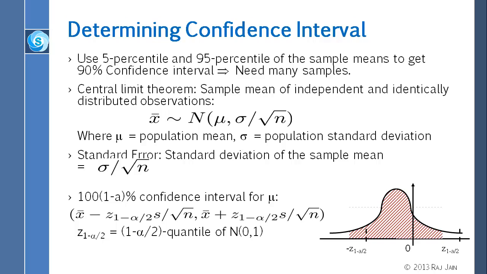And that is the advantage of taking many more samples, because as you take more and more samples, the variability of the sample mean itself goes down, and then you can be more and more sure about the population mean. And so basically, mu we don't know, but we know that there is a 90% chance that x bar is between mu minus this and mu plus that, and therefore we think that mu is in this range.